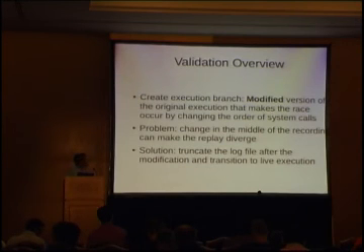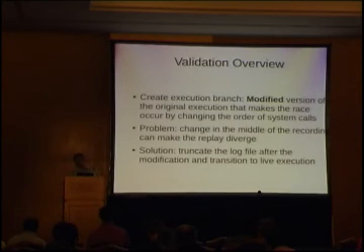But we have a problem here. If you change your recording in the middle, it's very likely that your replay is going to diverge, because if you change something in the middle, maybe the application is going to do something completely different. And here you can't replay.